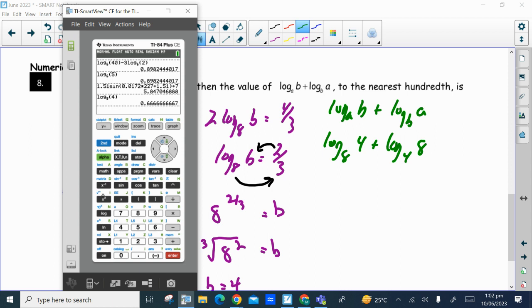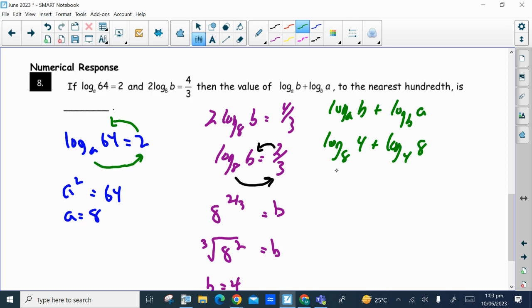Let me store that into memory. Log base 4 of 8 is that decimal. When we add them together to the nearest hundredth, 2.17. So this is 2/3 plus 3/2, which again is 2.17 rounded to the nearest hundredth.